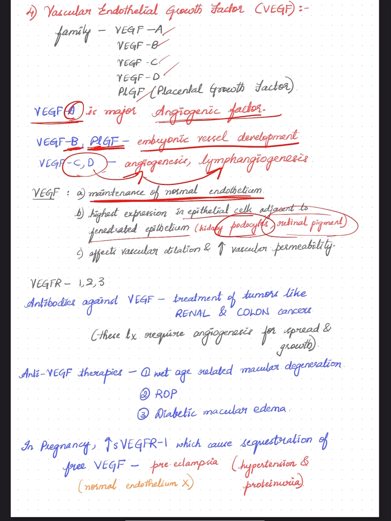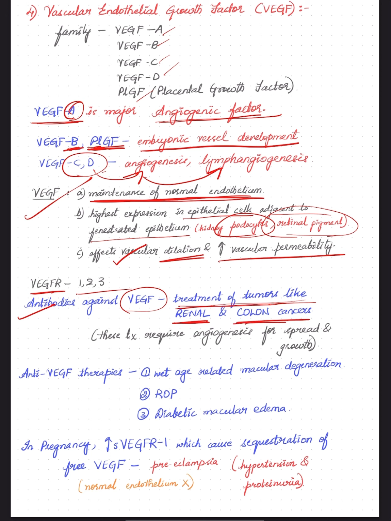They affect vascular dilatation and also increase vascular permeability. These are the functions of VEGF. The VEGF receptors are VEGFR1, VEGFR2, VEGFR3. Antibodies against VEGF are being used for treatment of tumors like renal and colon cancers.